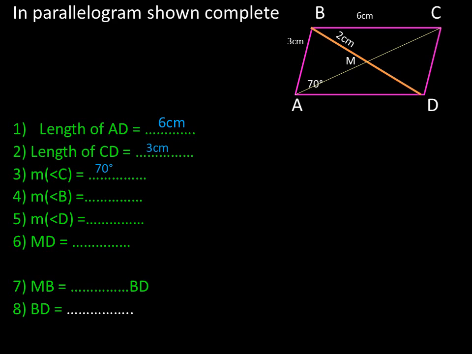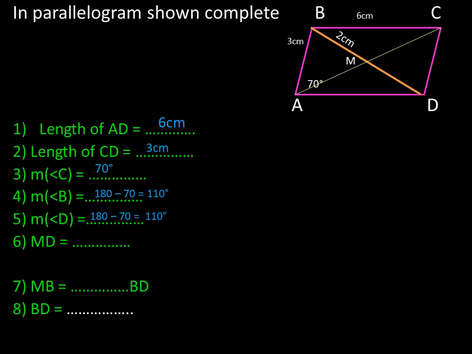To get angle B, we subtract 180 minus 70 equals 110 degrees. Number 5, measure of angle D. The same, angle D is consecutive to angle A and they are supplementary, which means to get angle D, we subtract 180 minus 70 equals 110.